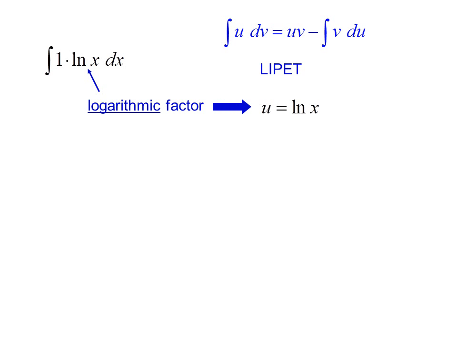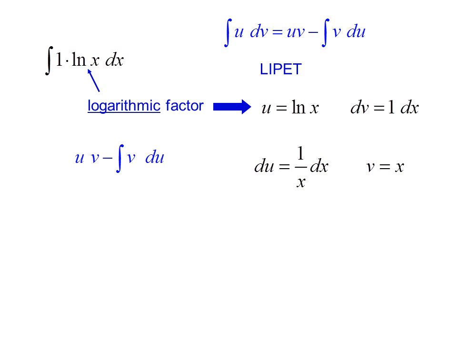So we let u equal ln x, dv equals 1 dx. So du equals 1 over x dx, and v equals x.